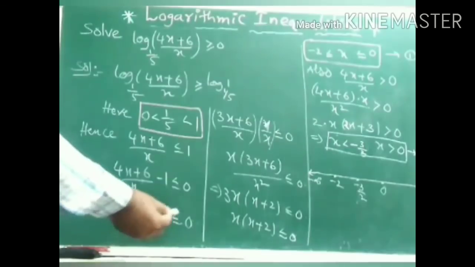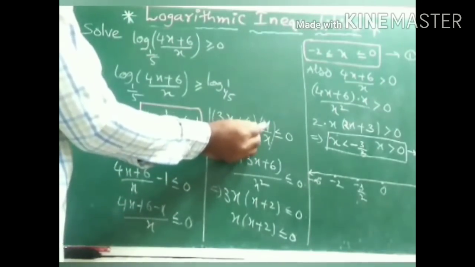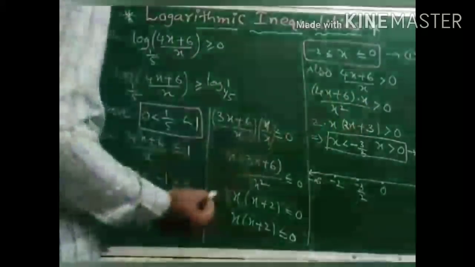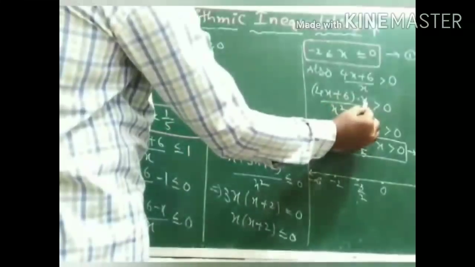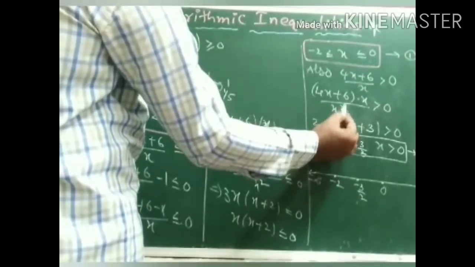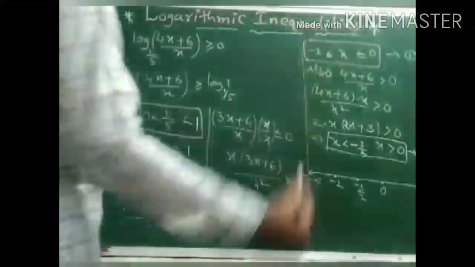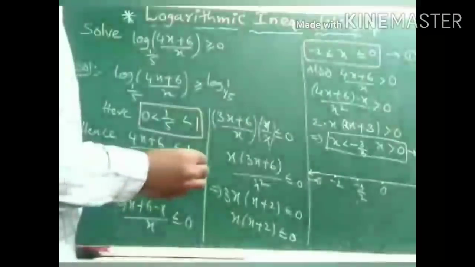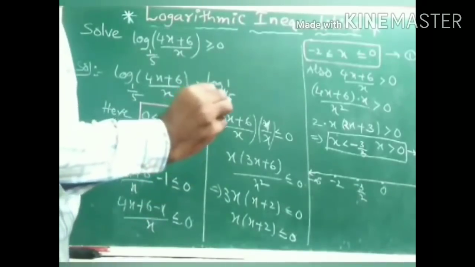Then use the same technique we used earlier, that is, multiply both numerator and denominator with x. Hence (4x + 6) into x, and after multiplication the denominator becomes x square, greater than 0. Now x square is a positive quantity, so you can go for cross multiplication and the inequality holds the same.